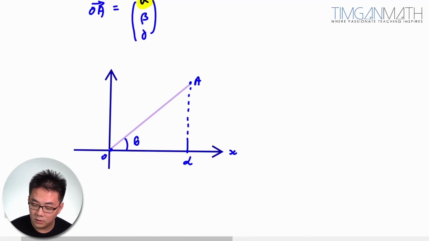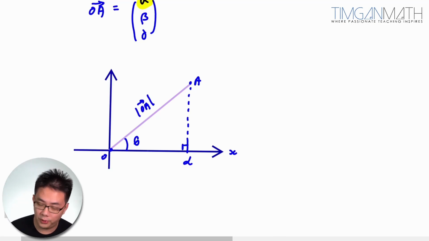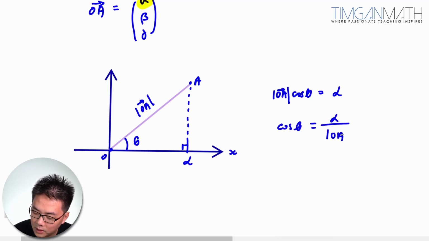The first thing to take note of is that this length is the modulus of OA. I'm just going to use the trigo ratio, which tells us that cosine theta is alpha over modulus OA.